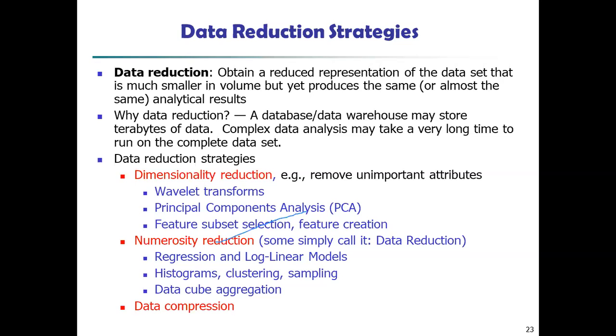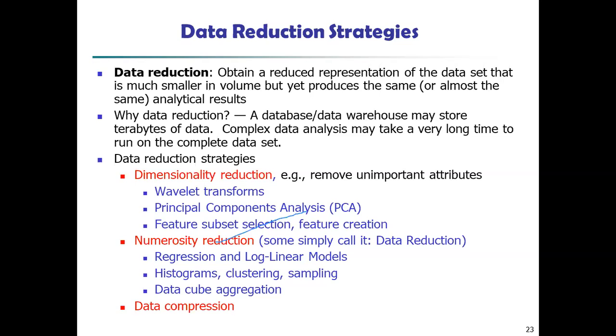You require only the employee ID, employee name, and salary, HRA, and DA, that is, the present salary. After reduction, only these important attributes are considered. The remaining unimportant attributes are removed in dimensionality reduction.